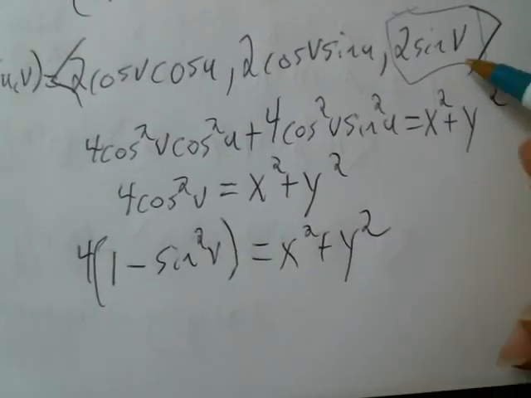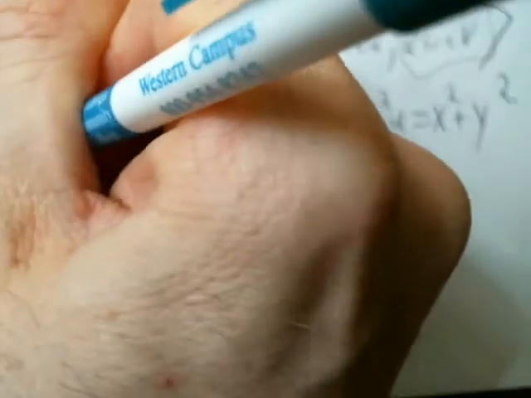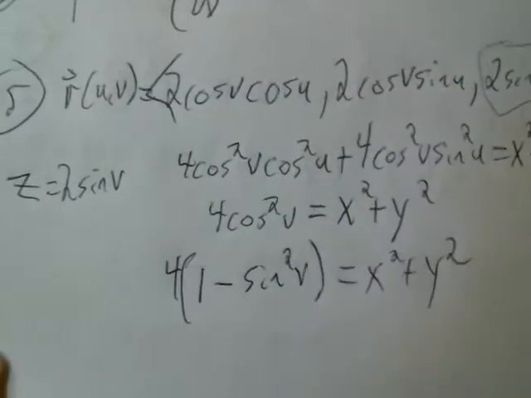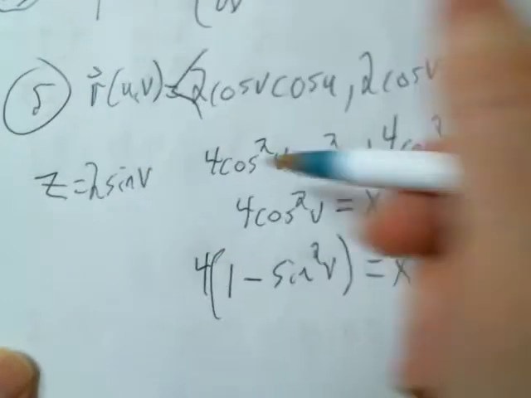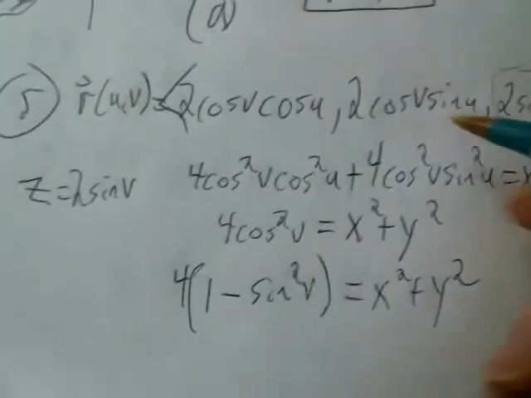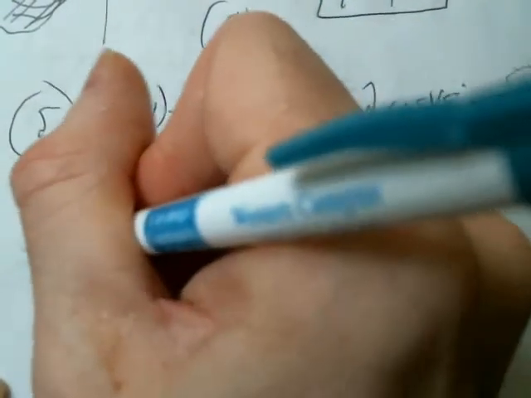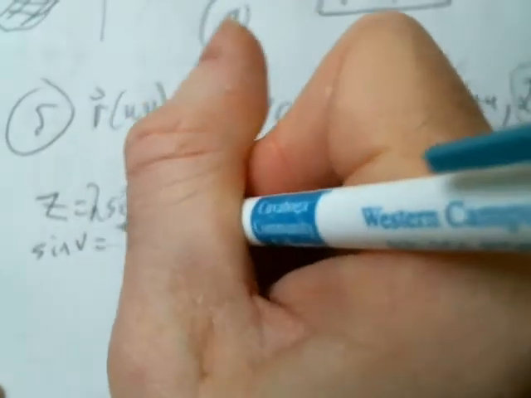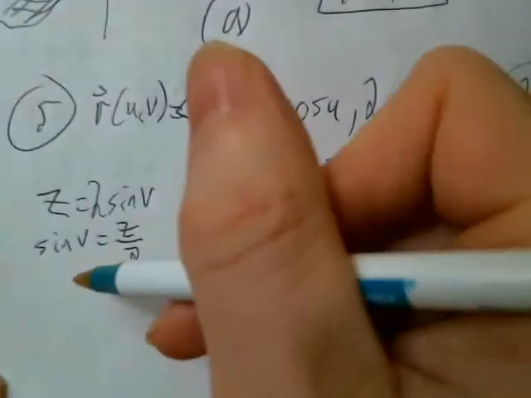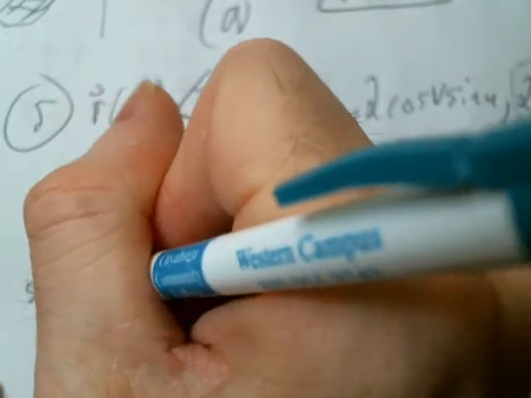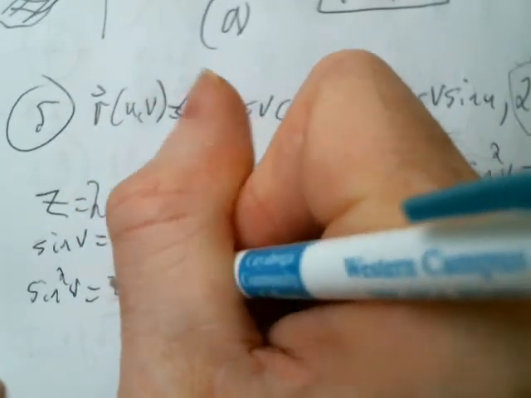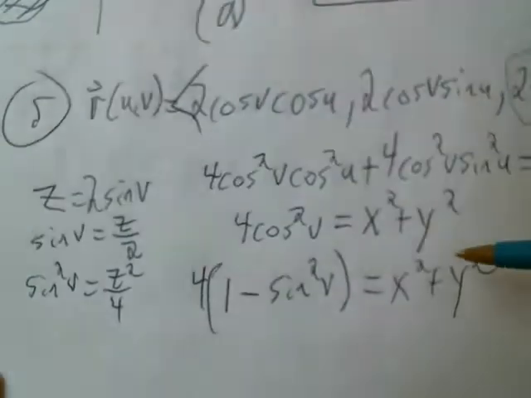And then z right now is equal to 2 sine v, that just comes from this component. If I divide both sides by 2, I get sine of v equals z over 2. And then if I square both sides, I get sine squared v is equal to z squared over 4, excuse me.